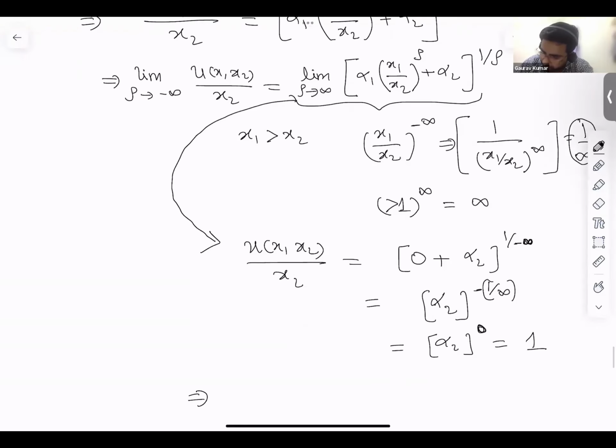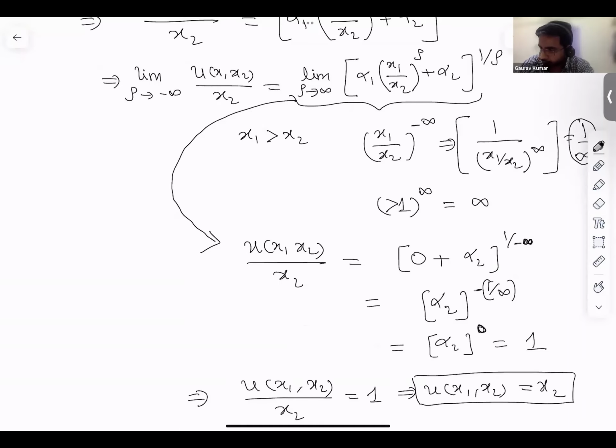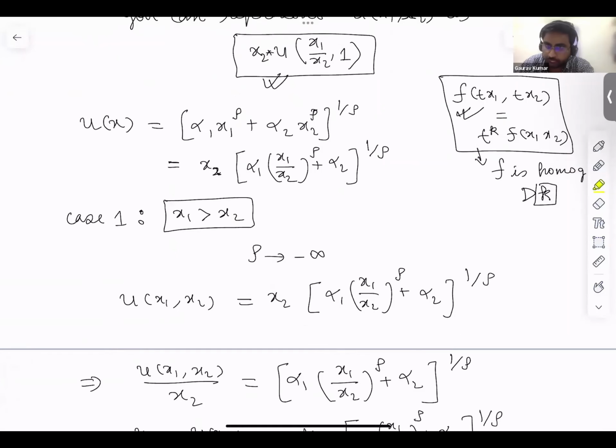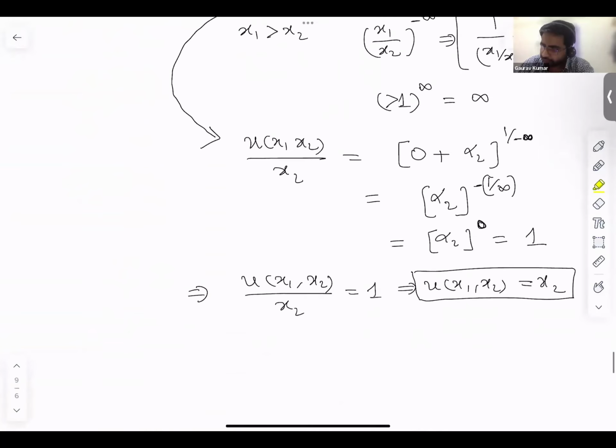So what you have is u of x1 comma x2 by x2 is equal to 1, implies u of x1 comma x2 is equal to x2, okay. Now this is under the condition that I've already assumed. x1 is greater than x2, and what you get is u of x1 comma x2 is x2. I have one question which I'll just look.